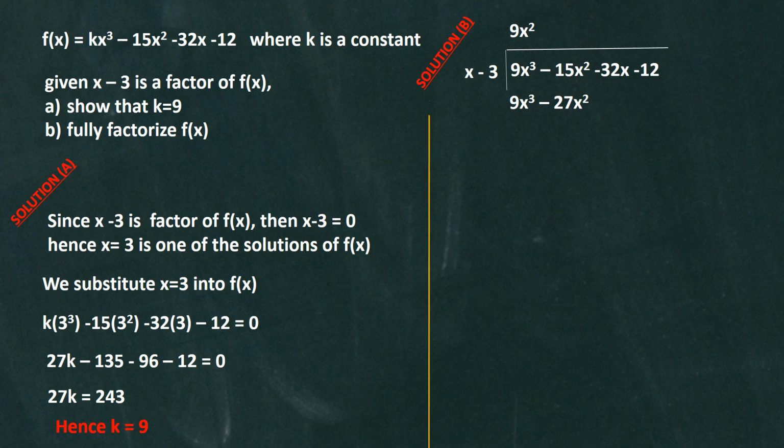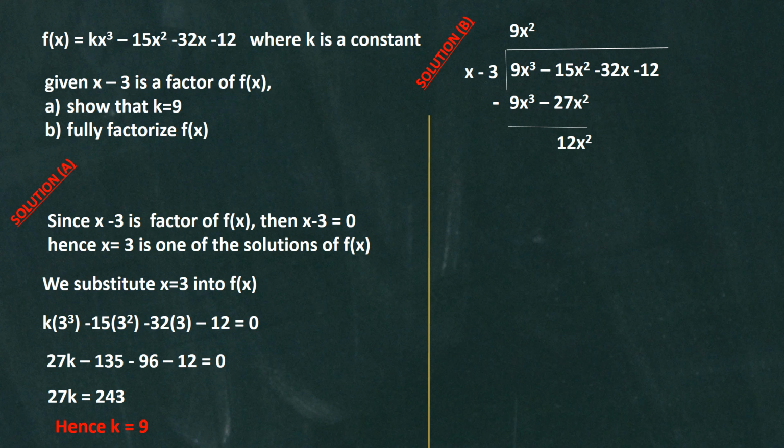To get the remainder, we subtract downwards, and 9x power 3 minus 9x power 3 is 0. We do not have to write it. Minus 15x squared minus 27x squared is actually minus 15x squared plus 27x squared, and that gives us 12x squared.